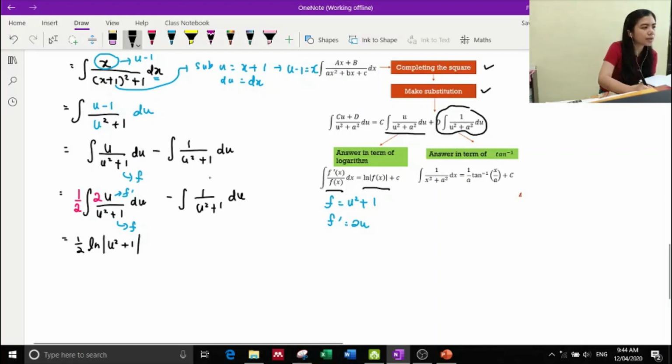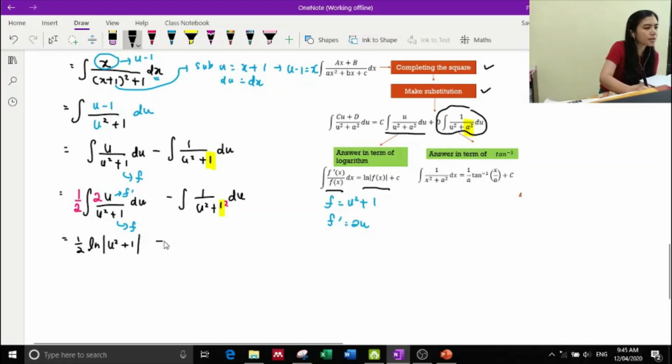So if you look at this line, we're supposed to have the a square here. So in order to have a square, okay, your 1 is actually equal to 1 square, right? We have 1 square. So you have a is equal to 1, okay?